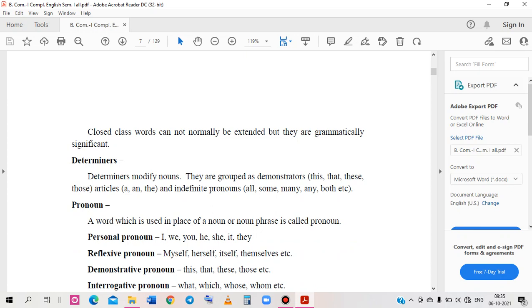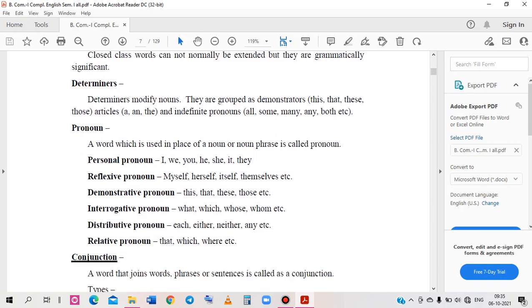Then the pronoun: a word which is used in place of a noun or a noun phrase is called a pronoun. For example, personal pronouns: I, we, you, he, she, it, they.